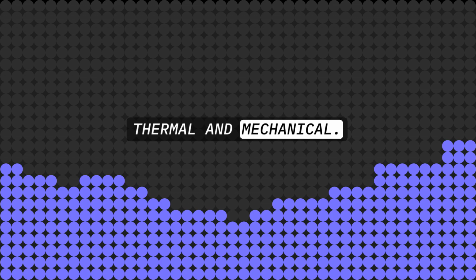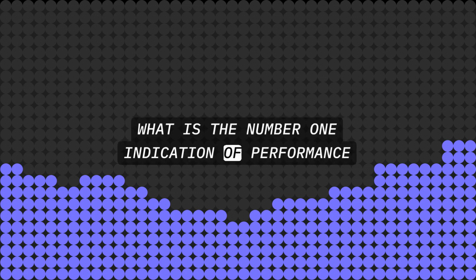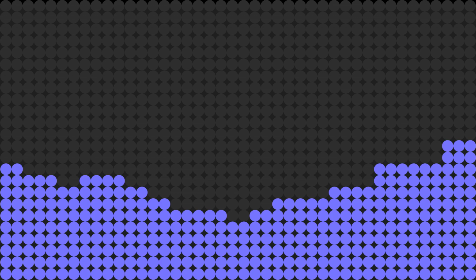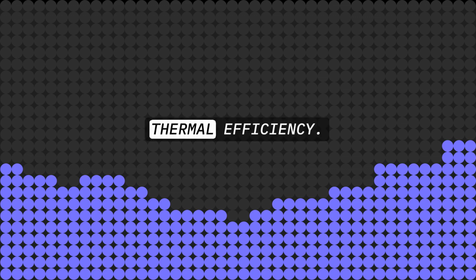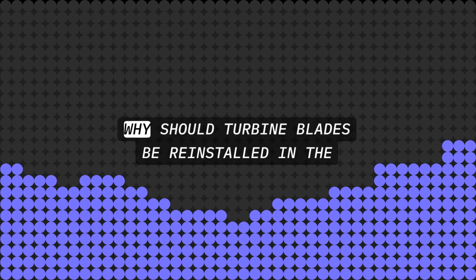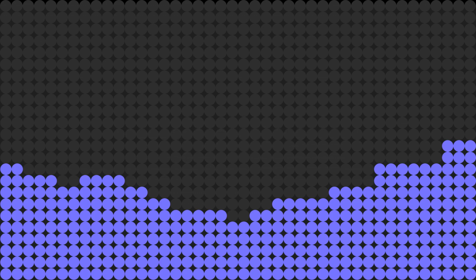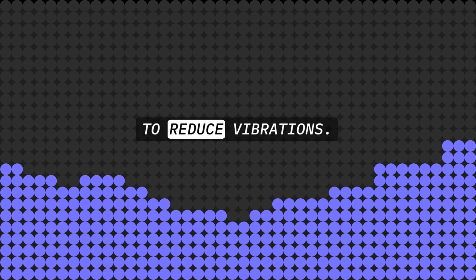Thermal and mechanical. What is the number one indication of performance of a turbine engine? Thermal efficiency. Why should turbine blades be reinstalled in the same location they were removed? To reduce vibrations.